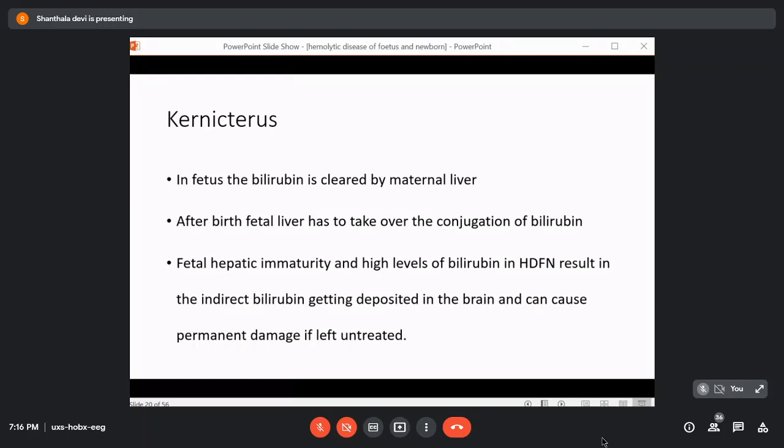Normally the bilirubin which is bound to albumin will not cross the blood-brain barrier, but in a newborn the blood-brain barrier is also not completely developed, and it crosses and gets deposited in the basal ganglia, resulting in permanent damage if it is left untreated.